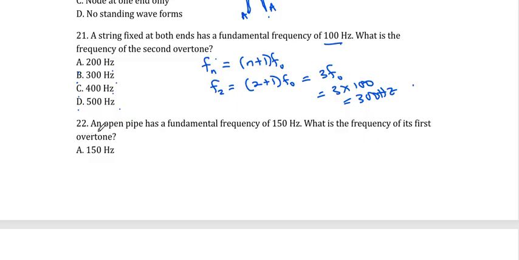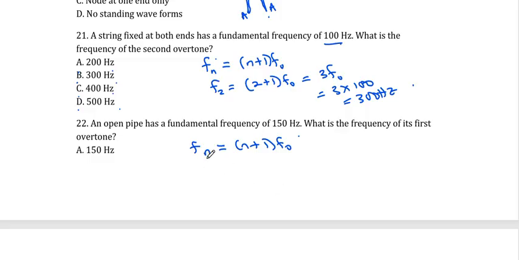Number 22. An open pipe has a fundamental frequency of 150 Hz. What is the frequency of its first overtone? An open pipe has the same frequency of overtone as a string, n plus 1 times f naught.